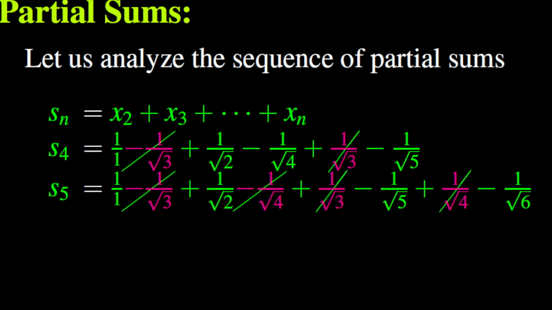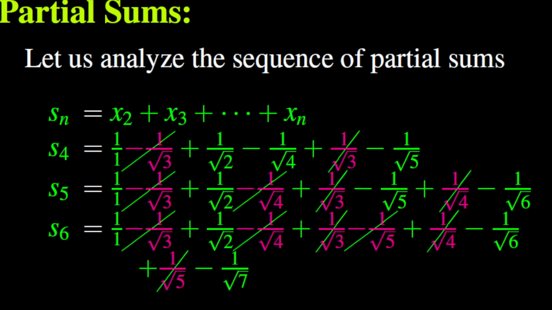Likewise, S5 has terms that can be cancelled. In fact, in S5, we should remove 1 over square root of 3, as well as 1 over square root of 4 and their opposite values. Similarly, in S6, we can cancel all terms except 1 and 1 over square root of 2, and the last two terms, namely, negative 1 over square root of 6, and negative 1 over square root of 7.